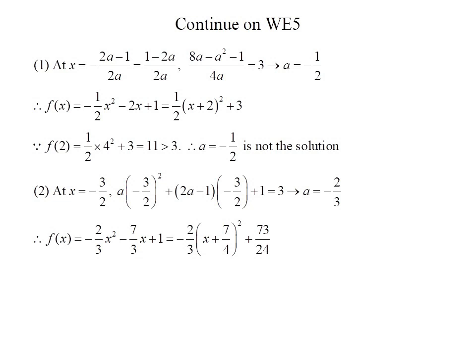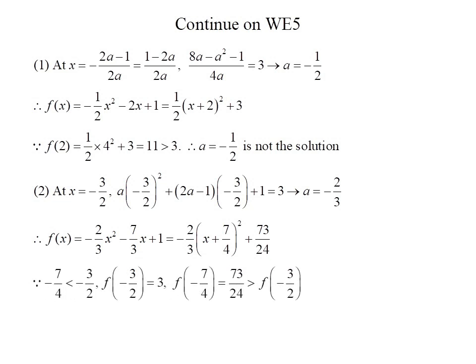Then this value of a is back substituted into the quadratics, and it becomes f(x) equals negative 2 over 3 times x squared minus 7 over 3 times x plus 1. Then the turning point form of this f(x) becomes negative 2 over 3 times (x plus 7 over 4) in parentheses squared, plus 73 over 24.